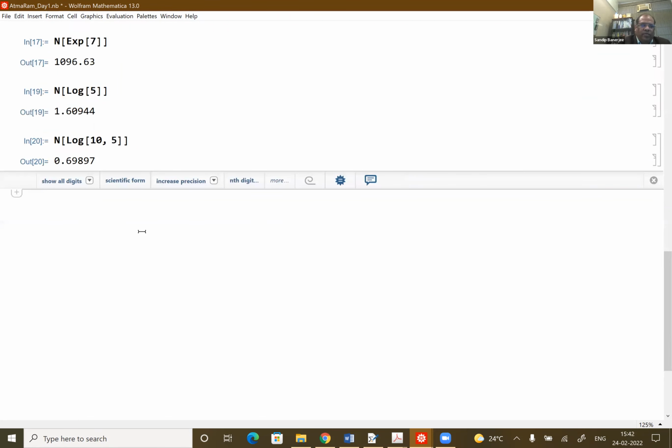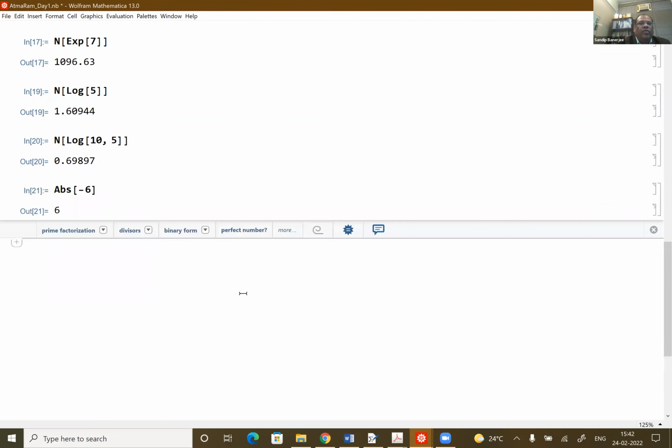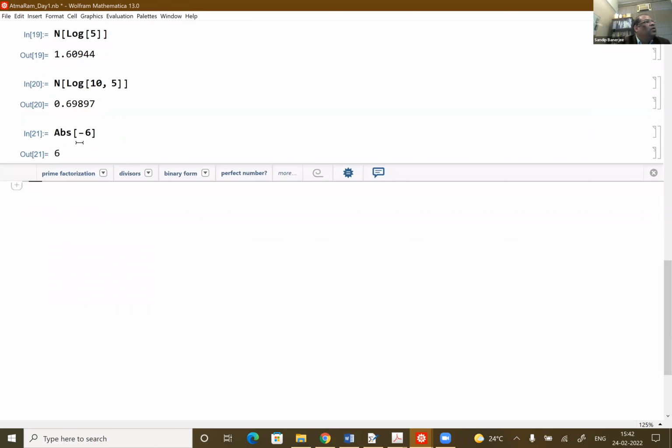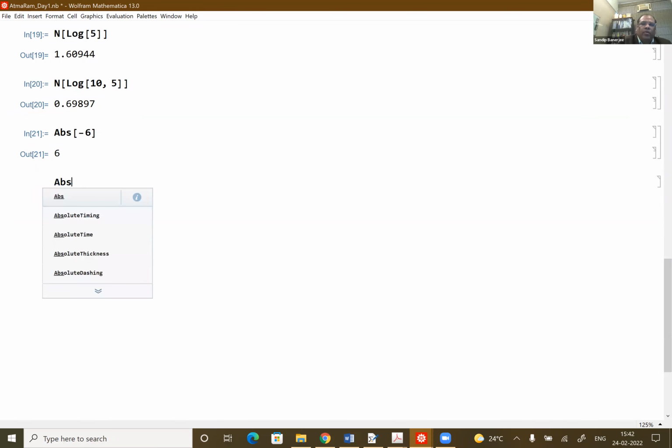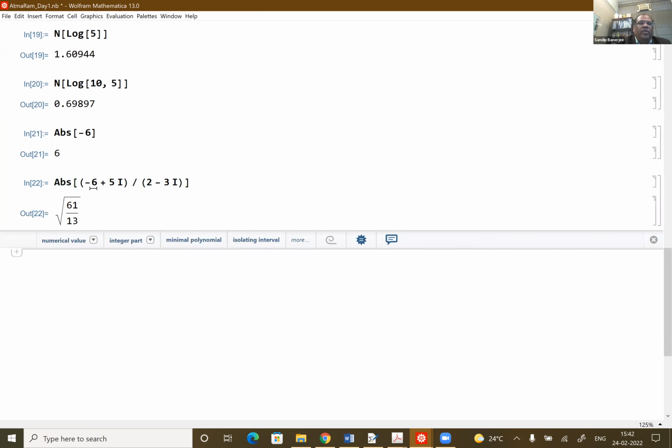If you want the absolute value, which is your modulus function, of this complex number: you write it as Abs of (-6 plus 5I) divided by (2 minus 3I), where this I is a complex I. So it gives the absolute value.